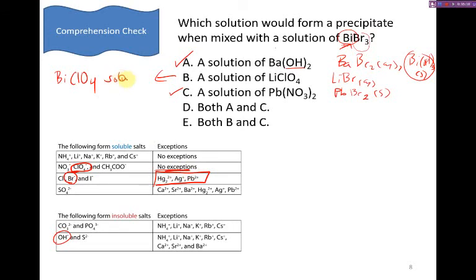So this is going to be soluble, aqueous. And so we form precipitates for both A and C. Again, there we have bismuth hydroxide and lead bromide.